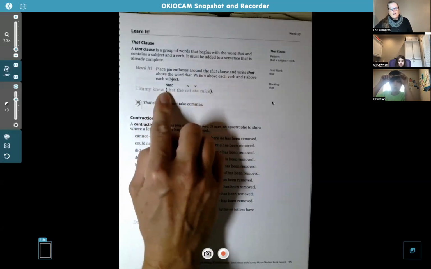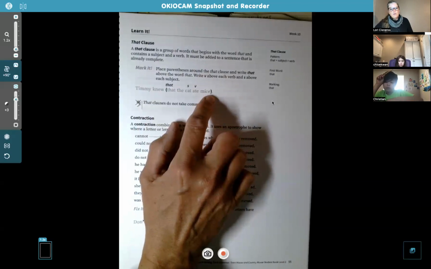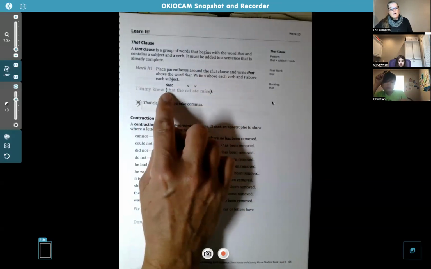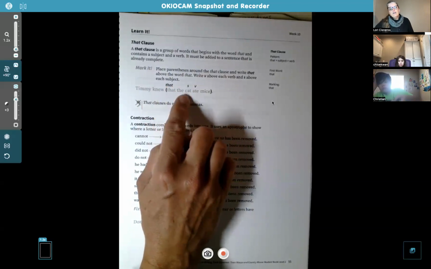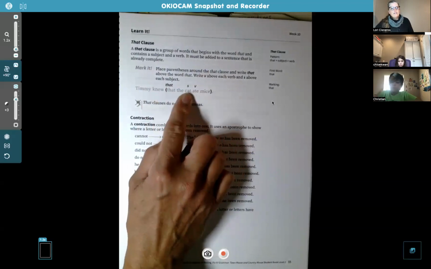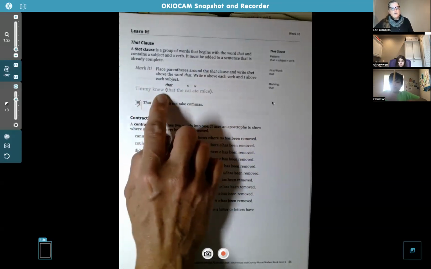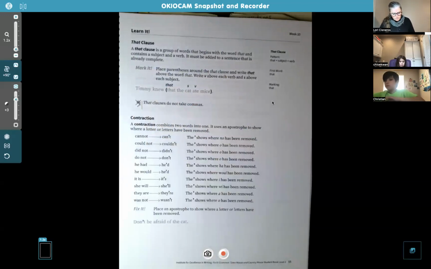So when you mark these, you're going to use parentheses like that, just like we do with the who, which. And above the word that, you're going to write the word that. Okay, pretty easy. You're also going to find the subject verb pair within the clause. So here we have Timmy knew that the cat ate mice.